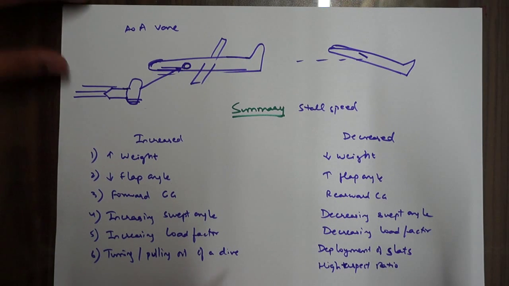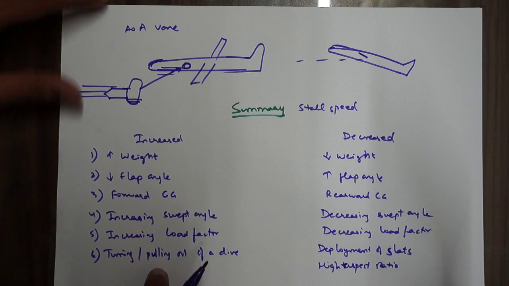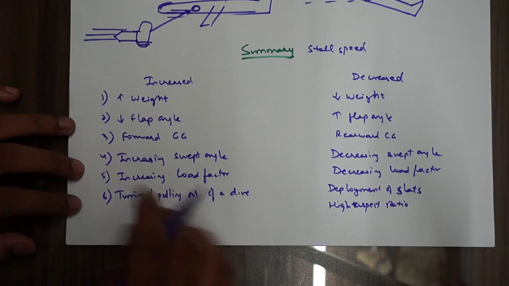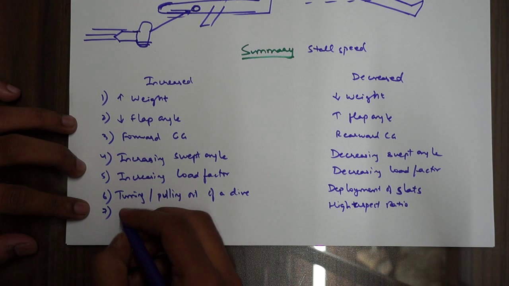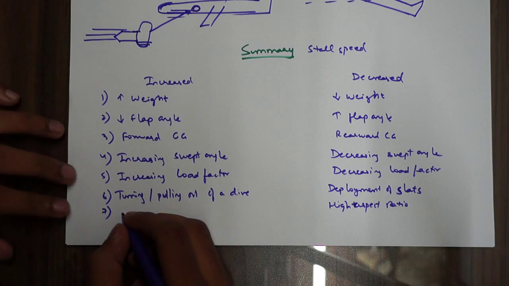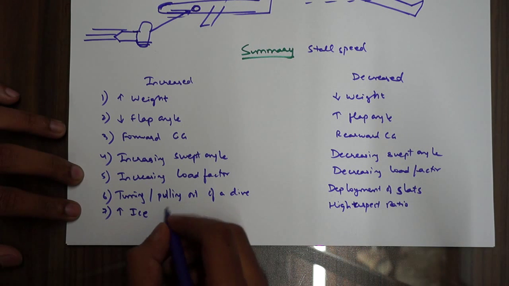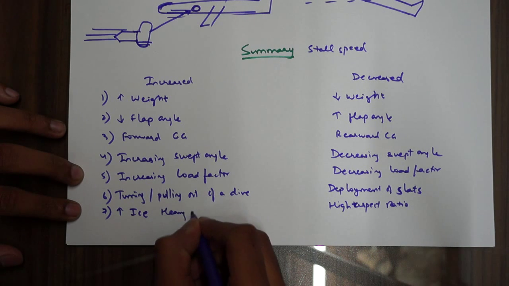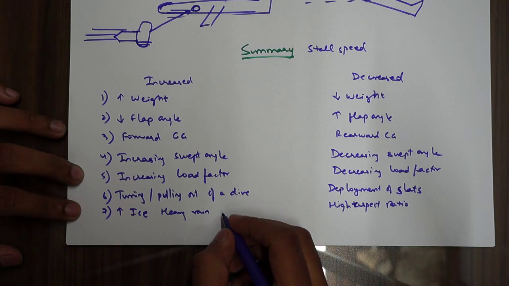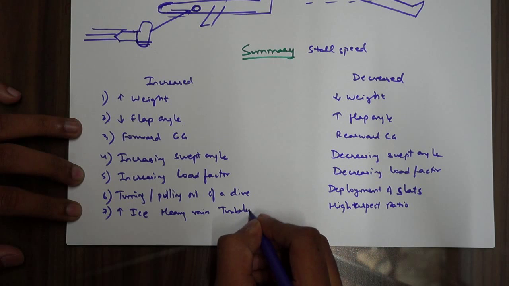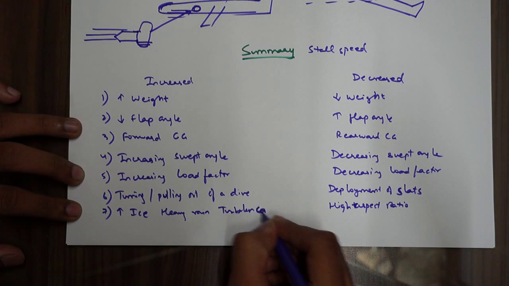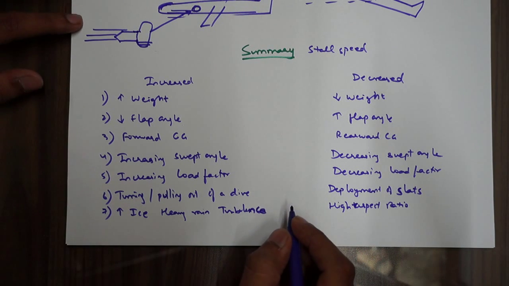There are a few other points about stalling speed increasing. Stalling speed will increase with increasing ice, heavy rain, and turbulence penetration. When you're penetrating turbulence, your stalling speed will increase.